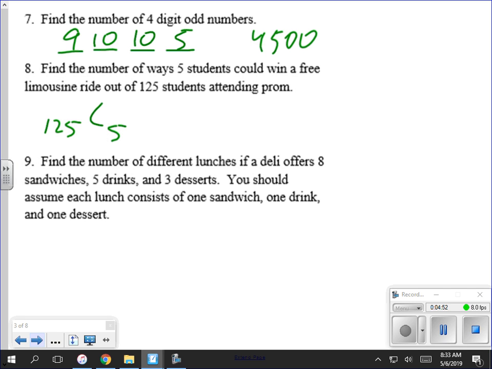And there are a lot. 234,531,275 different ways of having winners.